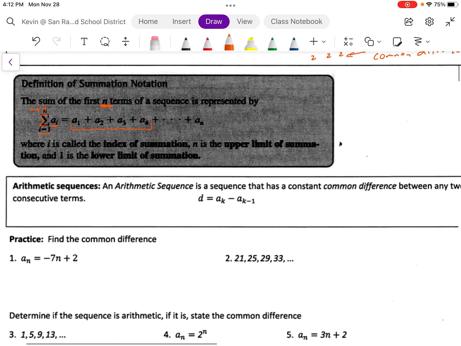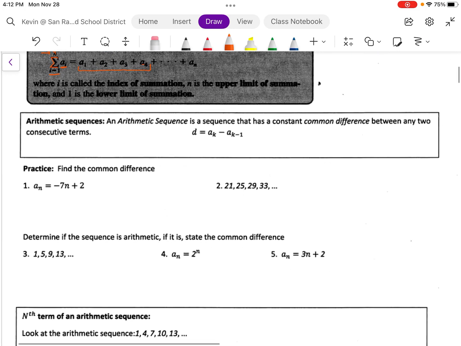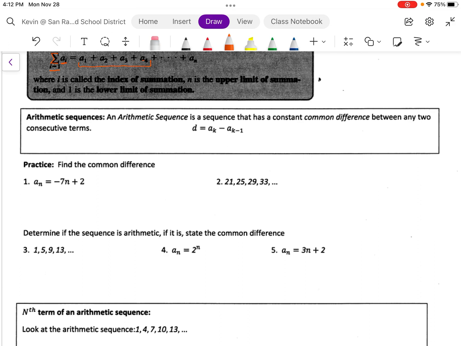I mentioned briefly before that an arithmetic sequence is a sequence that has a constant common difference between any two consecutive terms. It's represented by d, the common difference, and it's A sub k minus A sub k minus 1. Go back to the example we looked at before.